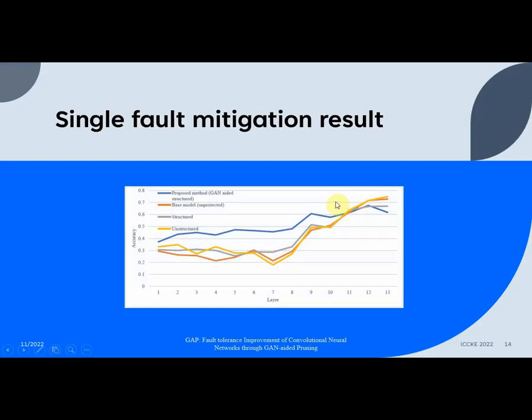In this slide, in the blue graph, we could see that our model could significantly detect vulnerable and insignificant weights in the first layers of the model, in comparison to structured and unstructured pruning peers in research in this area, and could significantly outperform them with regard to the accuracy of the model.